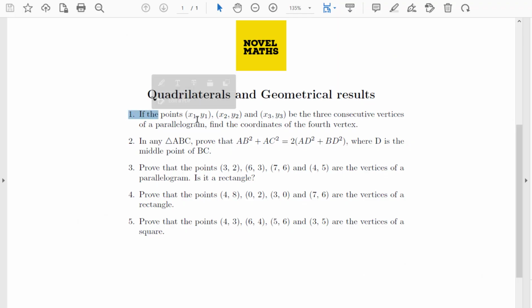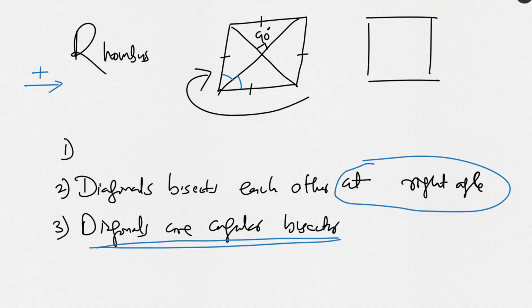If the points (x1, y1), (x2, y2), (x3, y3) are three consecutive vertices of a parallelogram, find the coordinates of the fourth vertex. So three vertices are given. This is a parallelogram, right?